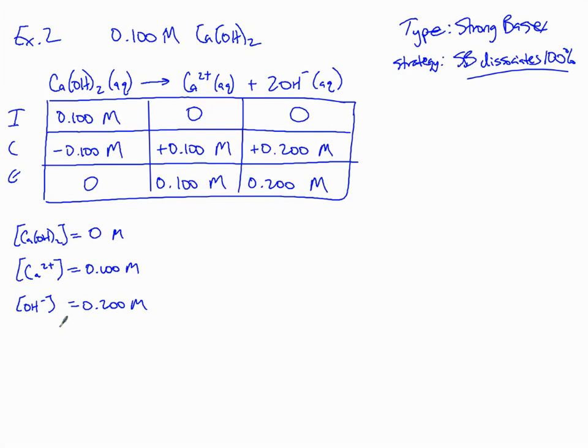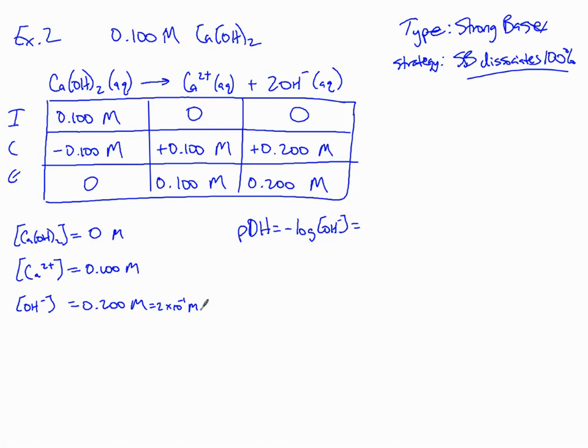So from here, pOH is really the easiest thing to find right now. And that's the negative log of the hydroxide concentration. If you put this into a calculator, you could do it by hand, it's going to be somewhere in the 1 to 2 pOH range, just as a guess.